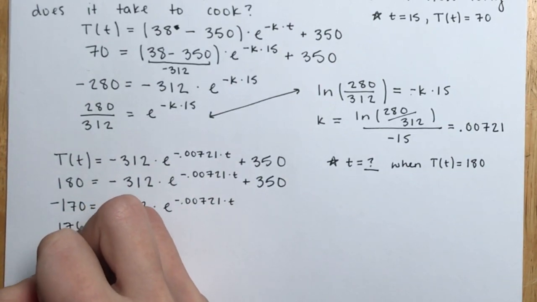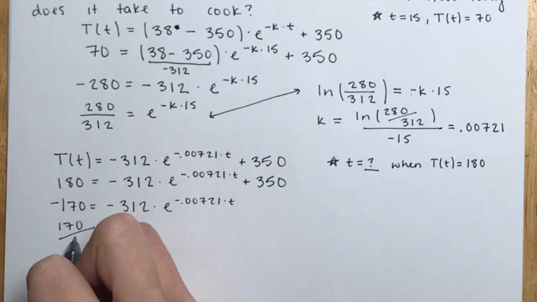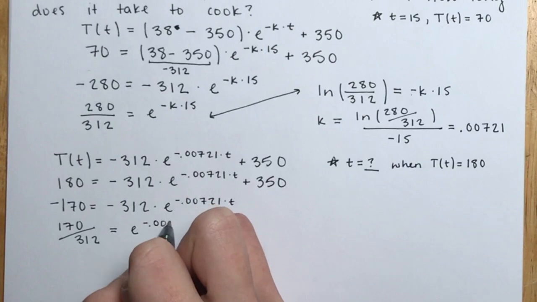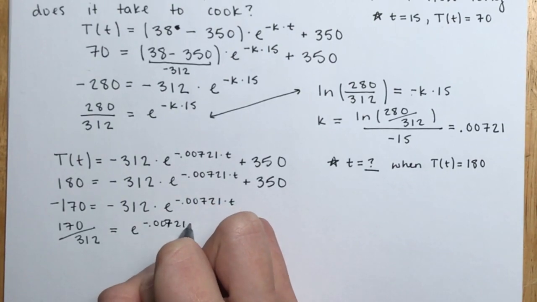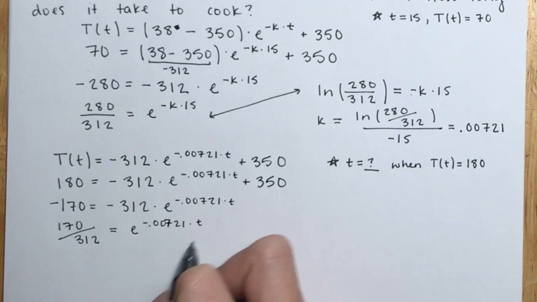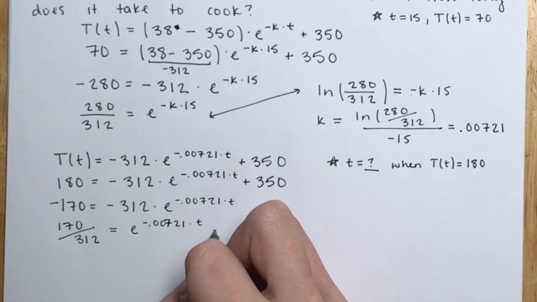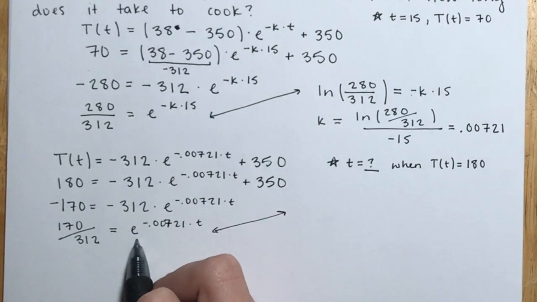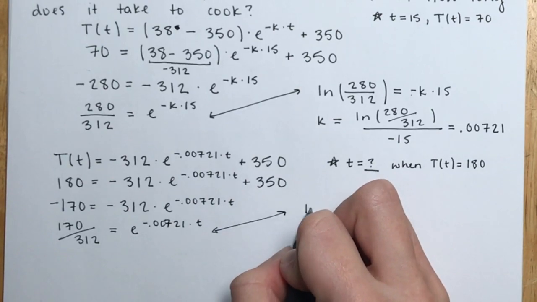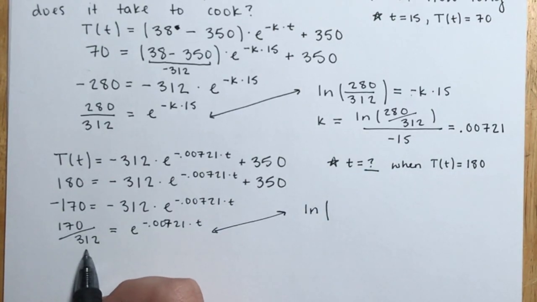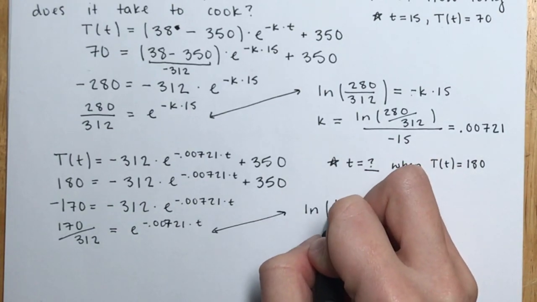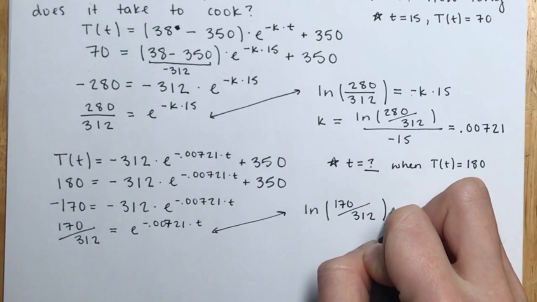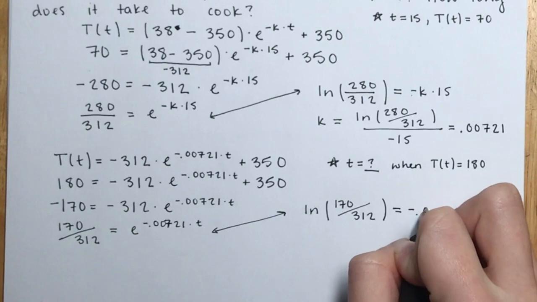Again, those negatives will cancel each other out, so we just have 170 over 312 is equal to E times negative 0.00721 times T. The exponential is isolated, so we can go ahead and write it in log form. Well, we have a base of E, so our log is going to be ln. Our old output was this fraction, so that's going to be our new input. And this is going to be equal to that exponent.